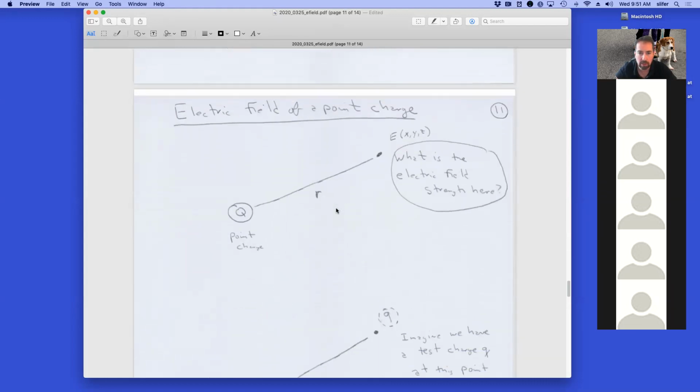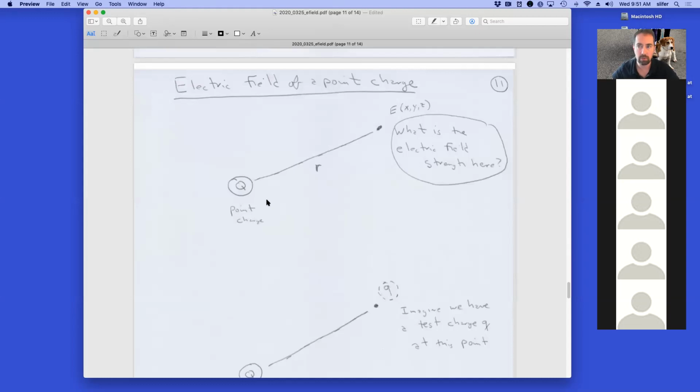Let me give you an example. So we have a point charge. If we have a point charge which has some charge on it, large Q, and all around it, it has created an electric field. That's what I'm asking you to envision. It's modified the space around it by the fact that it has a charge, and the space is modified in some way.